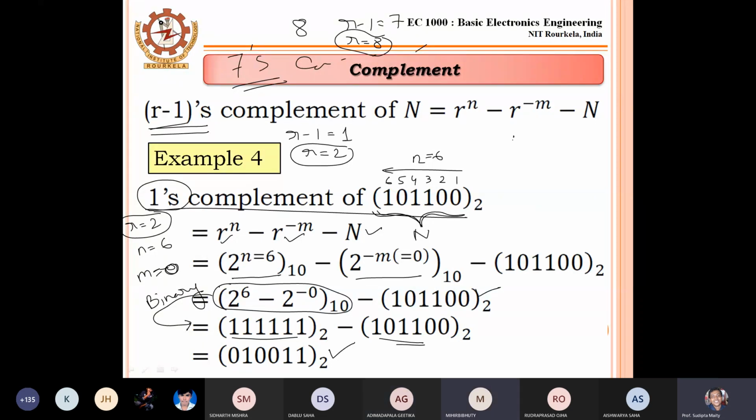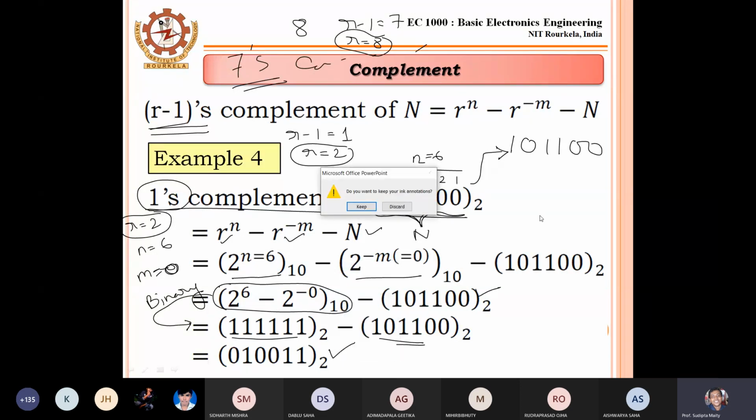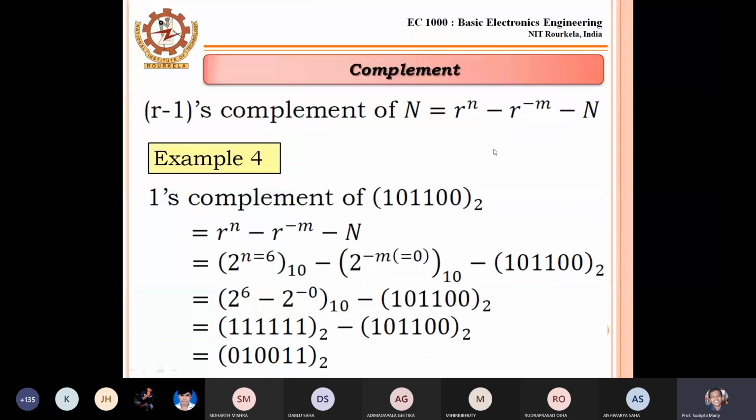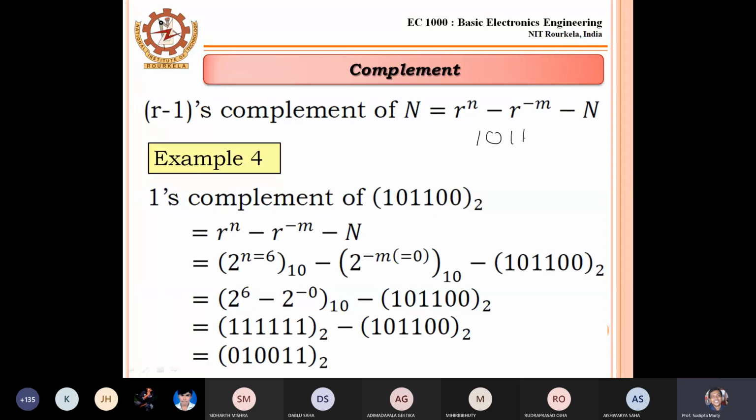Now you observe 1 0 1 1 0 0 is given, correct? And what is our formula? What is our result we got? Okay, let's write again. 1 0 1 1 0 0 is given, and our result we obtain 0 1 0 0 1 1.